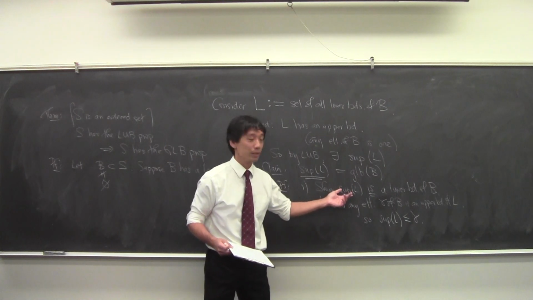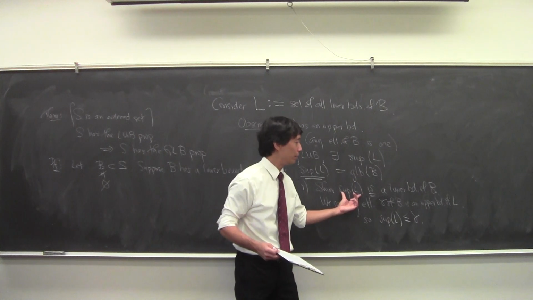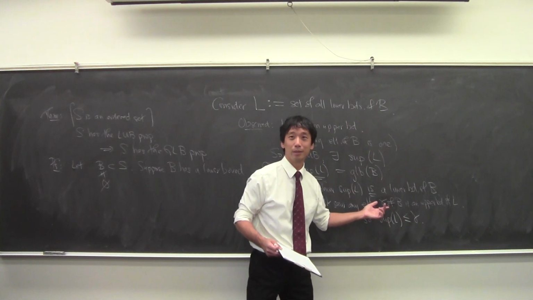So anybody in B, the supremum of L is going to be less than it. So the supremum is a lower bound of B.